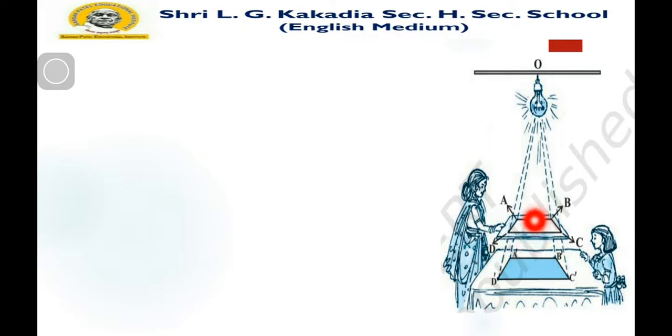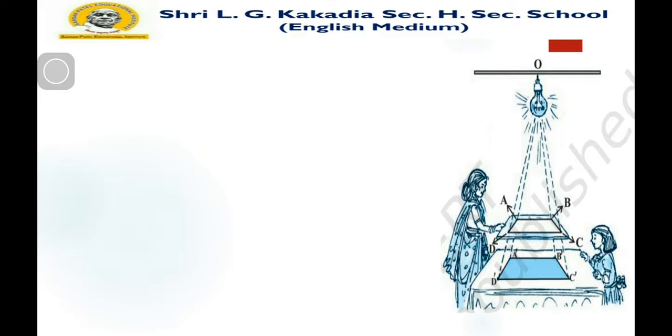Let us consider that the lamp is in the center of this frame. So the beam from this frame is placed on the surface, as you can see here. We want to find whether both figures are similar or not.